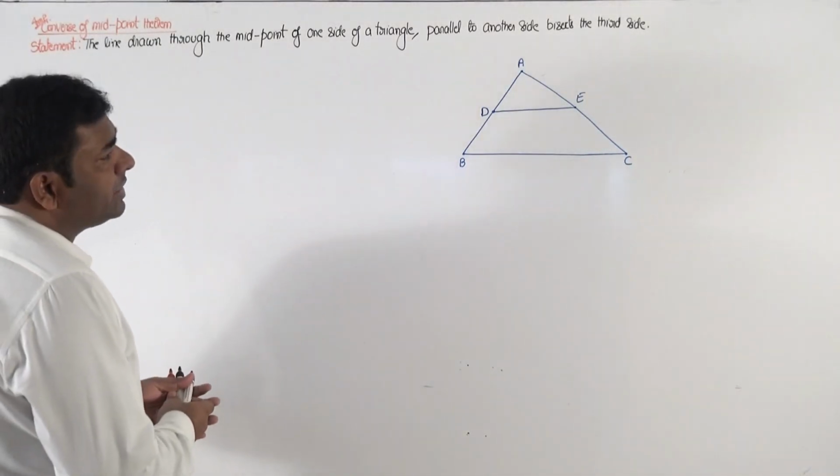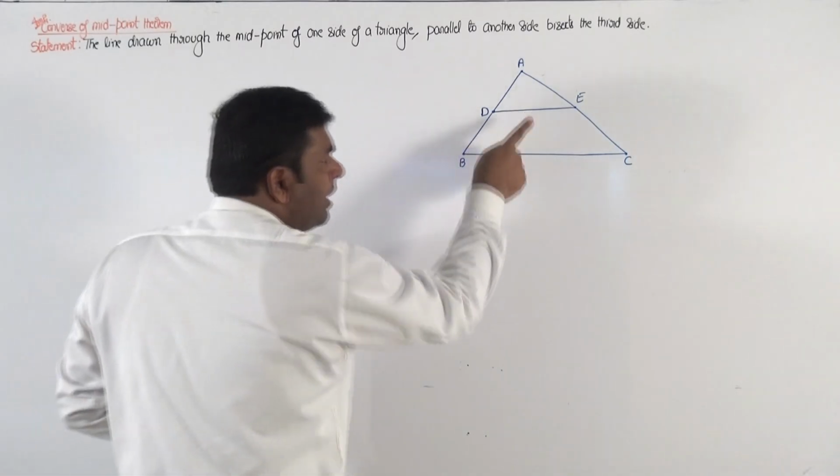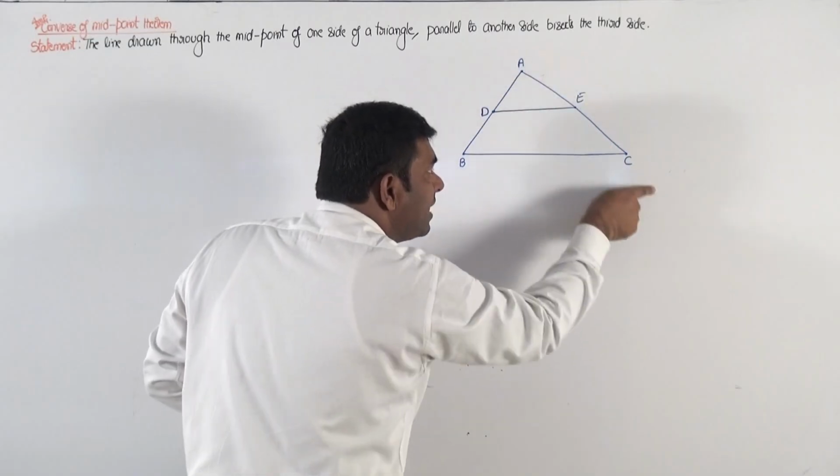So that is the statement. The line drawn through the midpoint of one side of a triangle parallel to the another side bisects the third side.